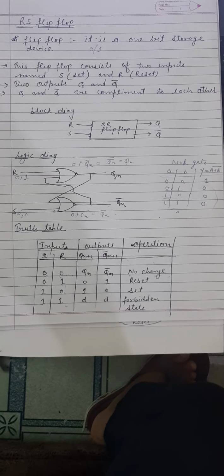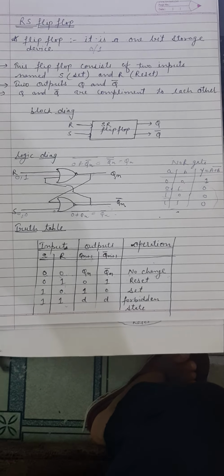Okay, now come to the truth table of SR flip-flop. We can draw the truth table of SR flip-flop with two inputs S and R and two outputs Qn plus 1 and Qn plus 1 complement. Now what does n plus 1 mean? N plus 1 stands for next state.